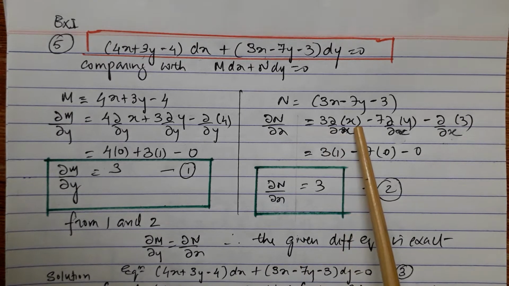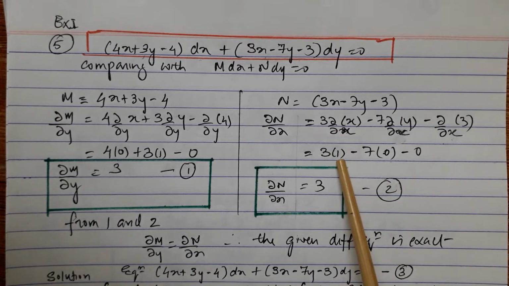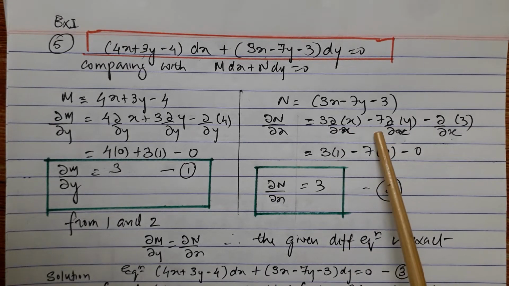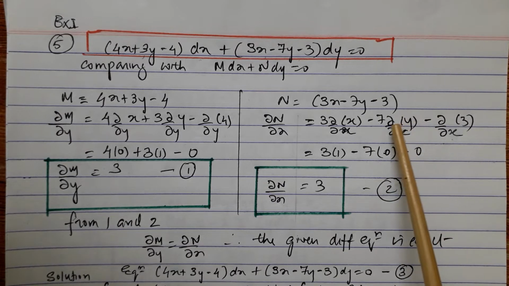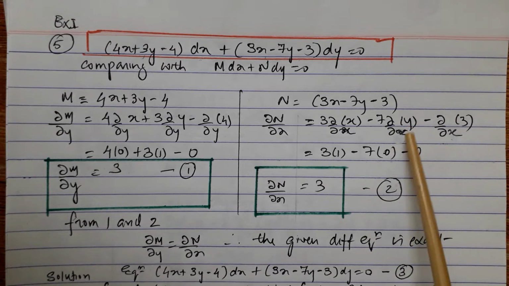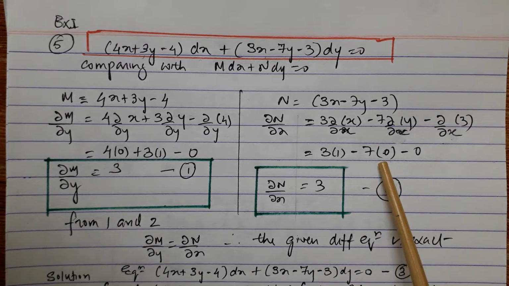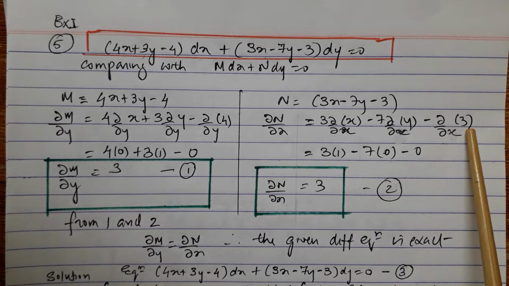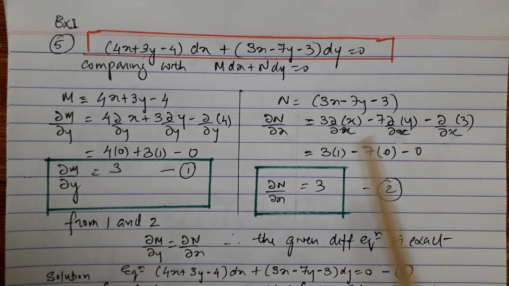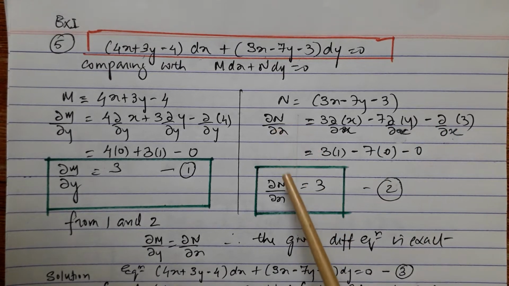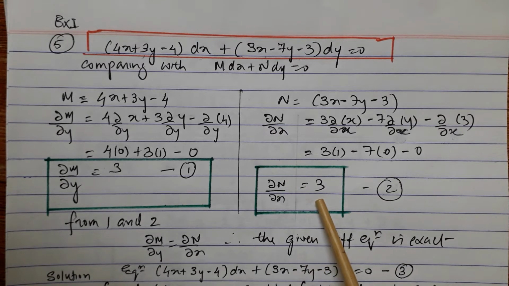Therefore, del by del x of x would be 1. So, it is 3 into 1 minus 7 del by del x of y. Now, since y is a constant, del by del x of y would be 0. So, it would be 7 into 0, and del by del x of 3, 3 being a number, would be 0. So, here we get del N by del x is equal to 3.